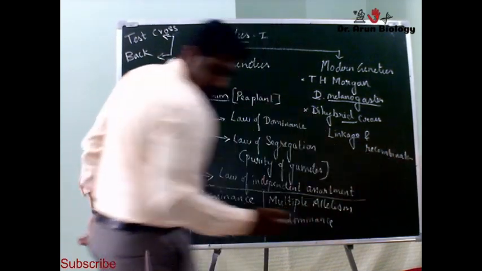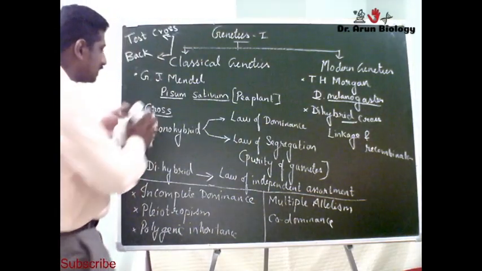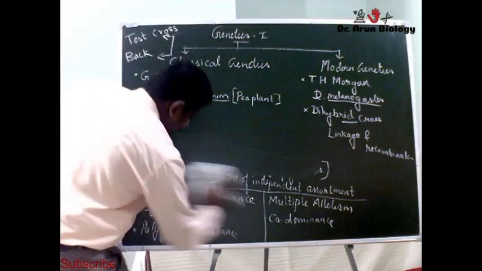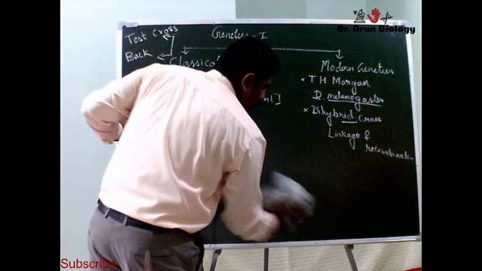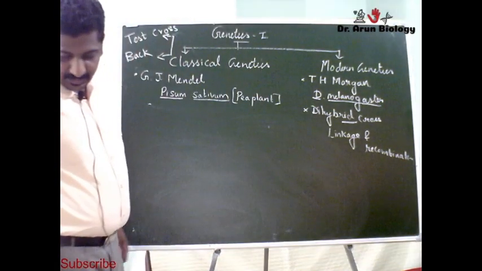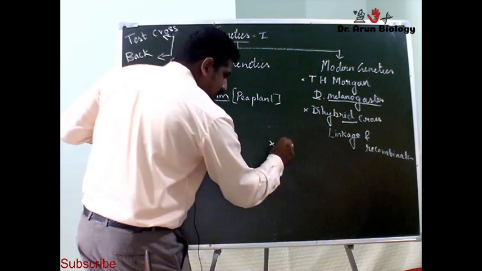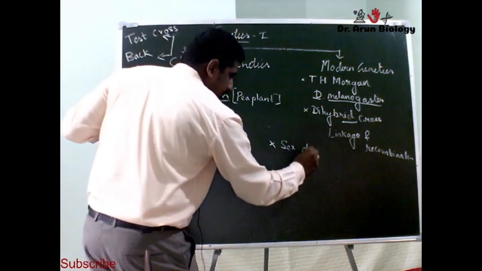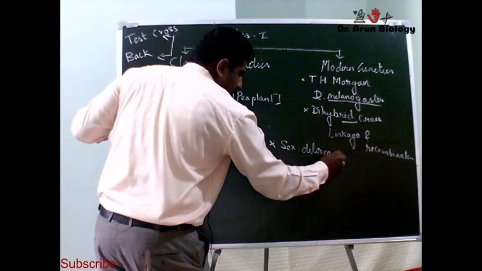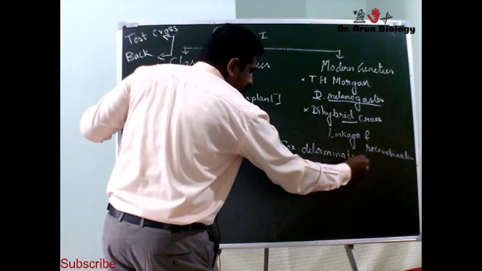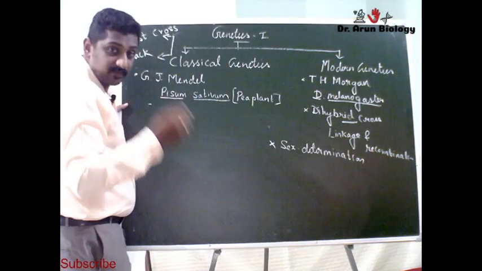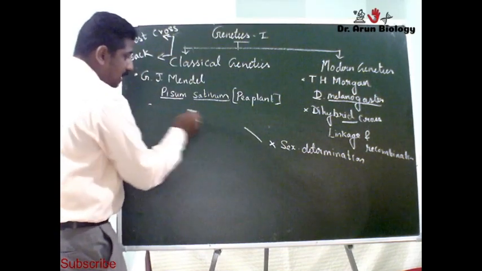Okay, fine. What are the other things that we're going to discuss in this? The next important topic that comes into our mind is sex determination. What are the different types of sex determination that we're going to take into consideration?